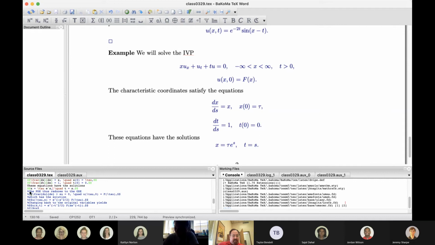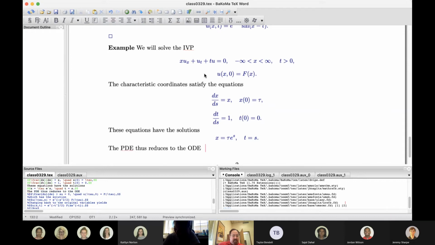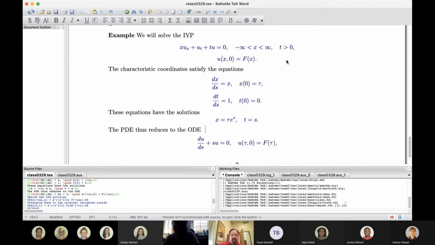And then the PDE gets reduced to this. Now, we want to express this coefficient in terms of characteristic coordinates. So that's why we don't have t down here, we have s.